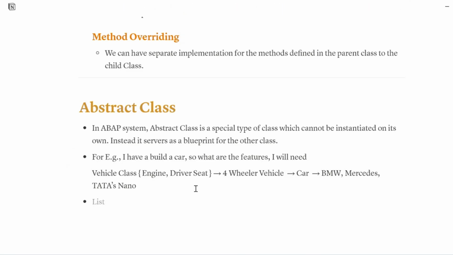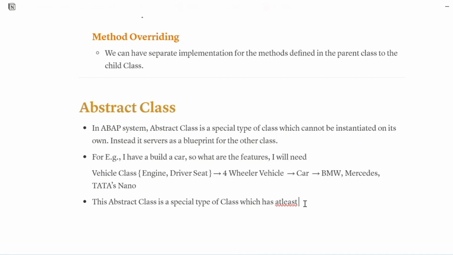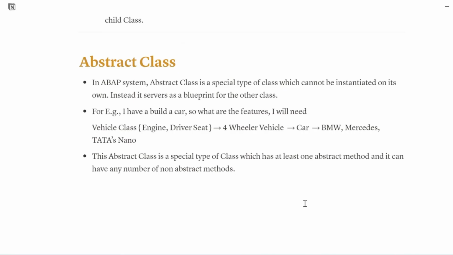Then this abstract class is again a special type of class which has at least one abstract method, and it can have any number of non-abstract methods.